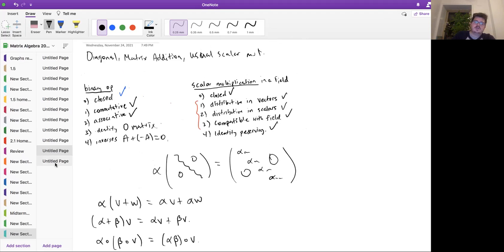All right. So I have a question for you. This world here, diagonal matrices with matrix addition. Can you think of another set that is pretty much the same thing as this? Think about diagonal matrices, and think about how matrix addition works.